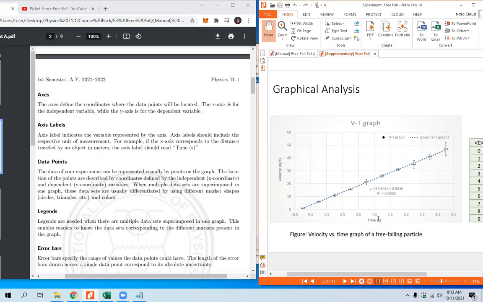Pero pag tinanggal ko yung units, somebody could assume that the time is in days or minutes or hours. So for clarity's sake, nilalagay dyan ang unit ng whatever your axis is representing. Similar case dito sa velocity ng example graph natin. This is in meters per second.